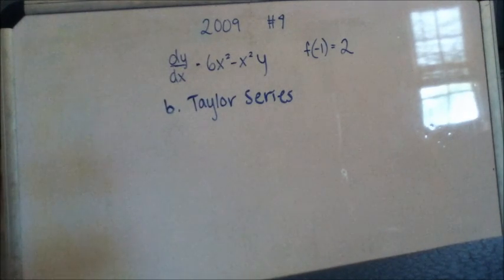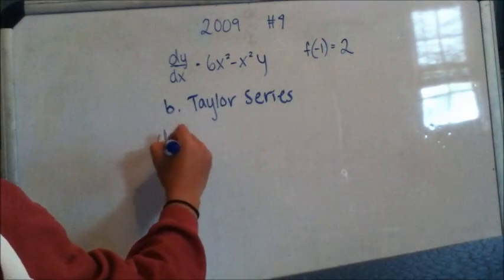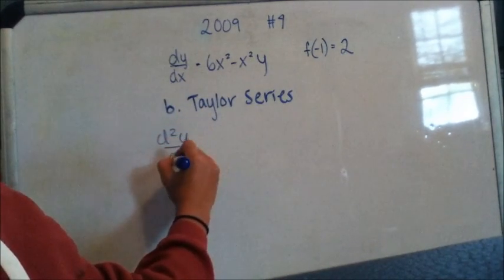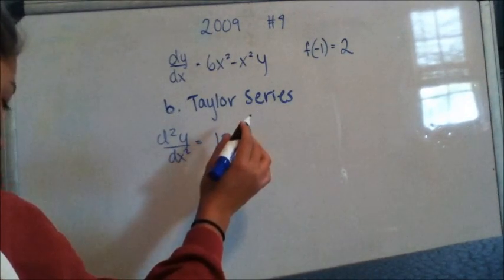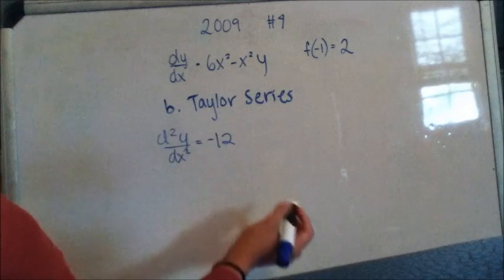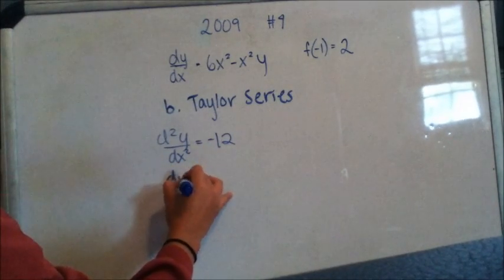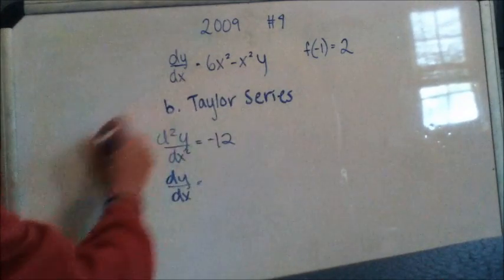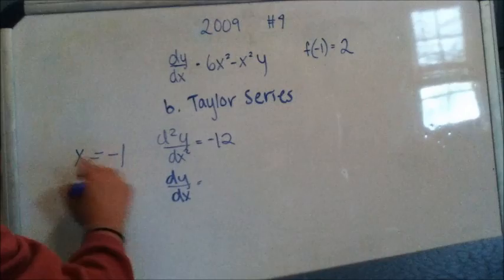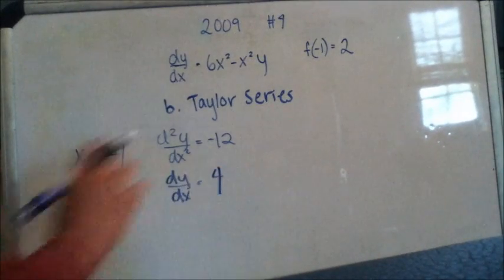So first, we know this point, and we know that d squared y over dx squared equals negative 12, actually. And we know that dy over dx at the point x equals negative 1, of course, is going to be 4, because we already discovered that in part A.